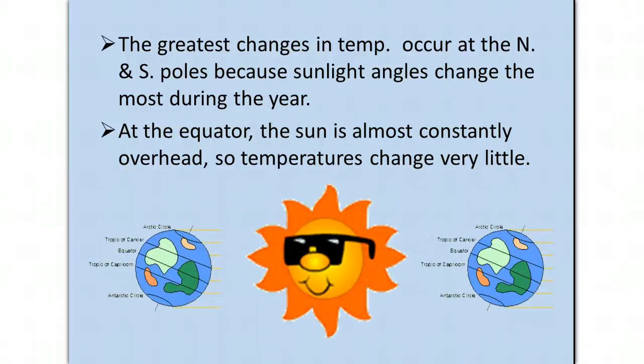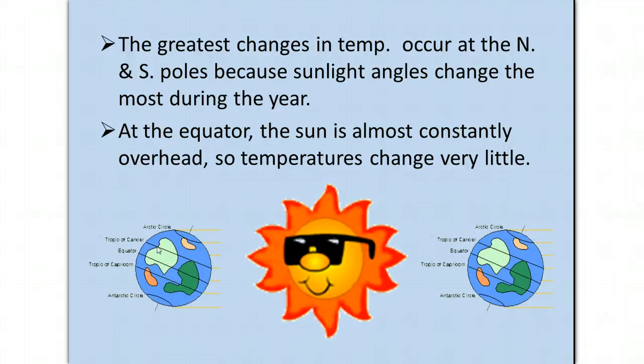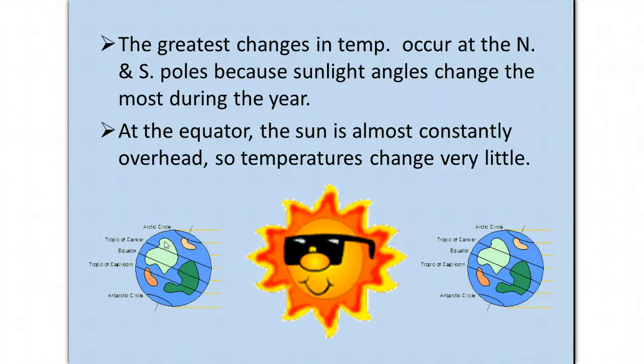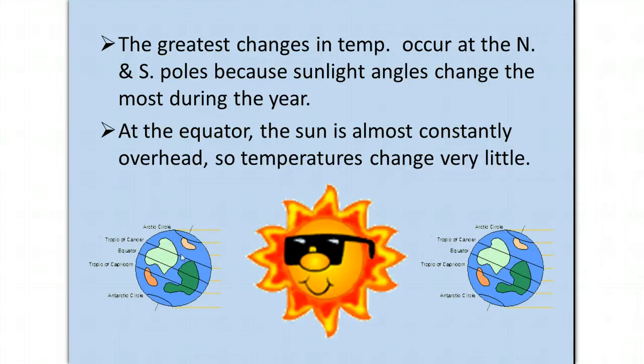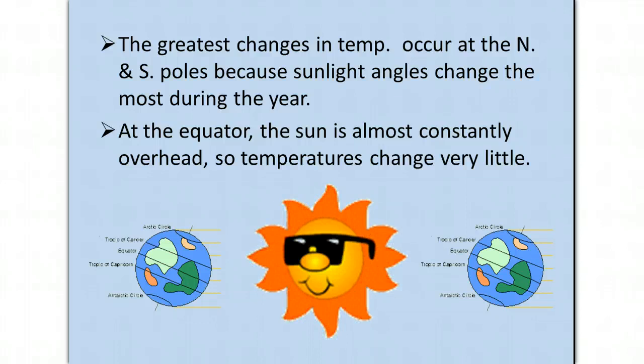Hello, Mr. Sun. All right, so looking at the globe on the left, the Earth on the left, we have the northern hemisphere tilted towards the sun, which means the northern hemisphere has which season? Hopefully you said summer. And down at the southern hemisphere it has winter.